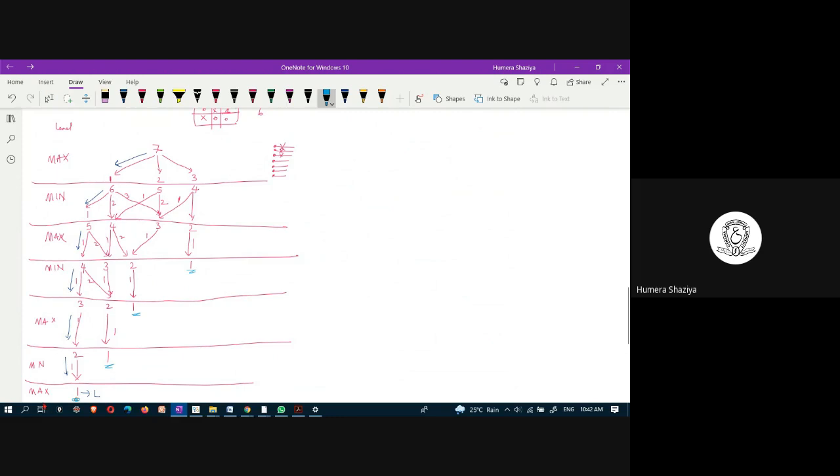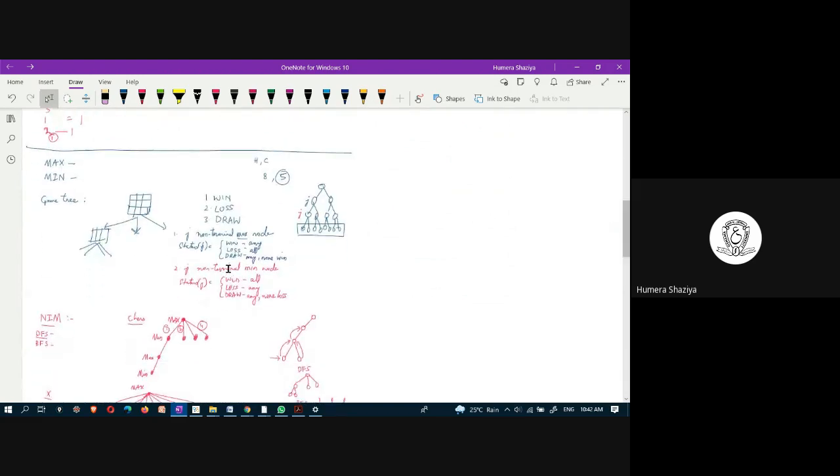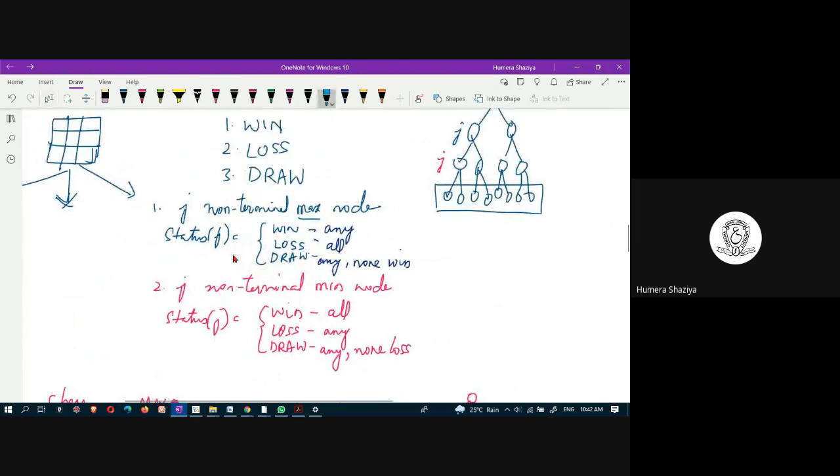When Max loses, what is the status of Min? To determine the status of the Min node, which is this one, 2, we need to consider the rules. We already learned the rules. If it is a non-terminal and Min node, it loses if any one of its successors lose.